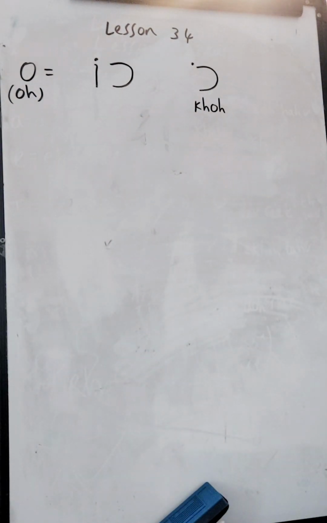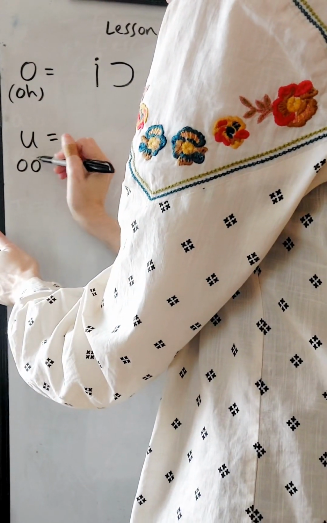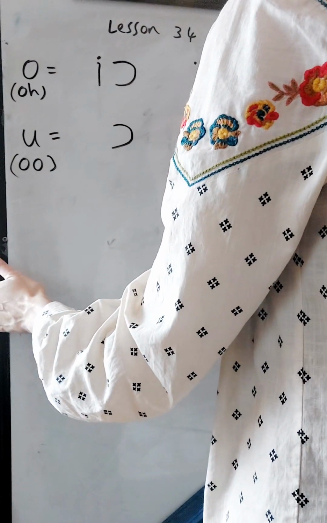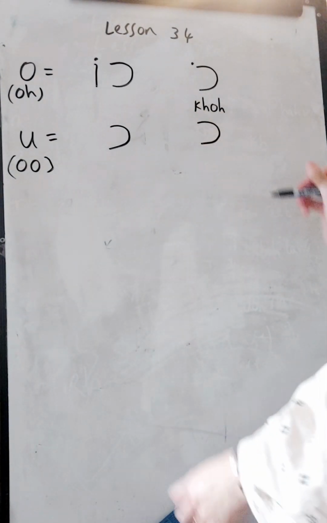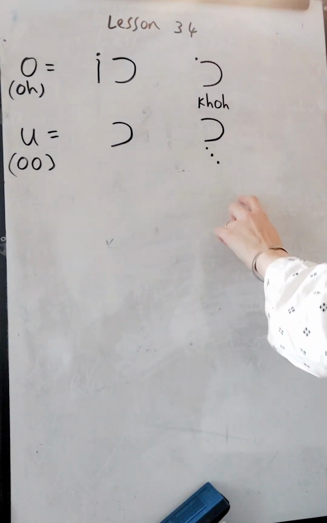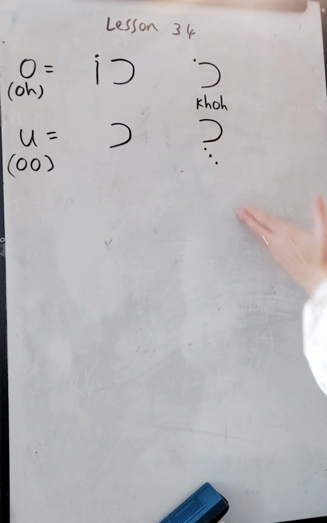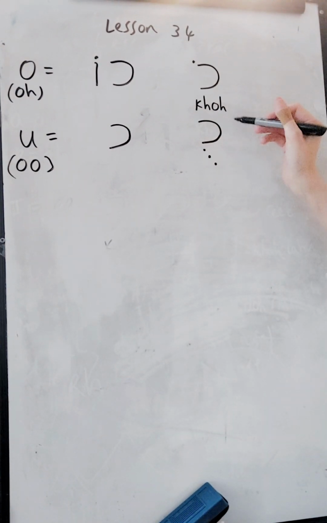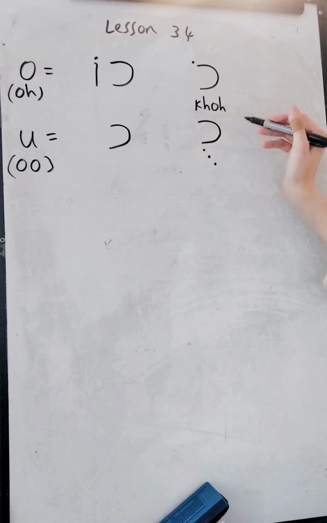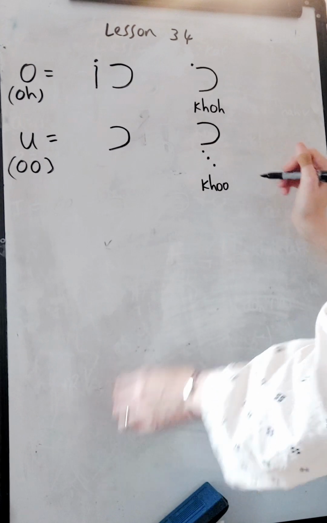And lastly, the U vowel sounds as oo, and there are also 2 ways to write it. We can have 3 dots in a diagonal line going down to the right, and that's the U vowel, which sounds as oo. Sound of the consonant, kha, sound of the vowel, oo: khu.